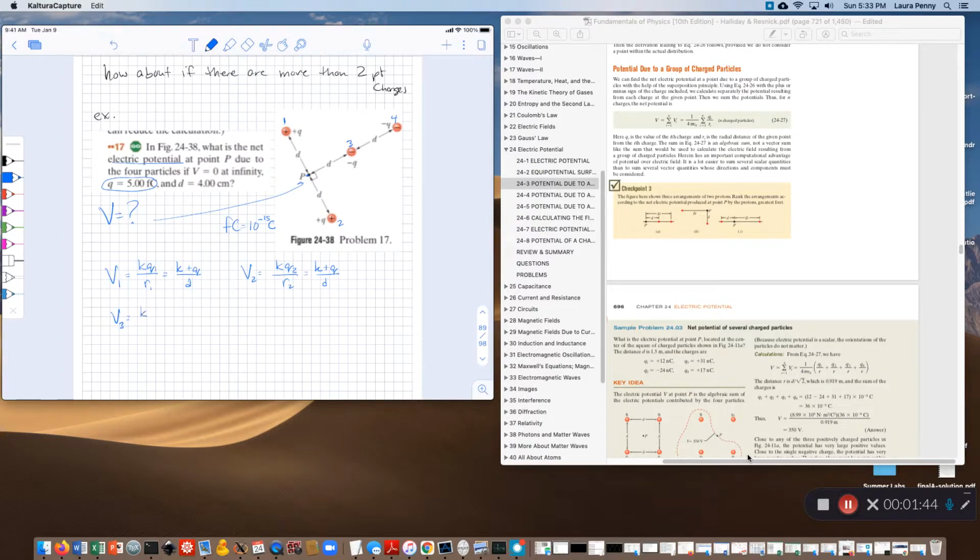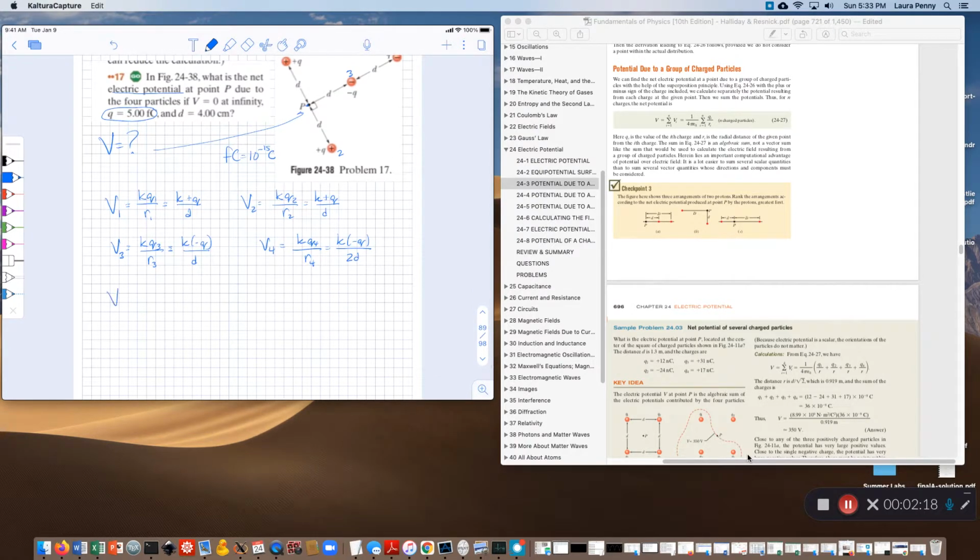Now V3 is K Q3 over R3, but Q3 is a negative Q, and this is also D away. And then finally V4, K Q4 over R4. And this is also a negative Q, and now this one's actually 2D away.